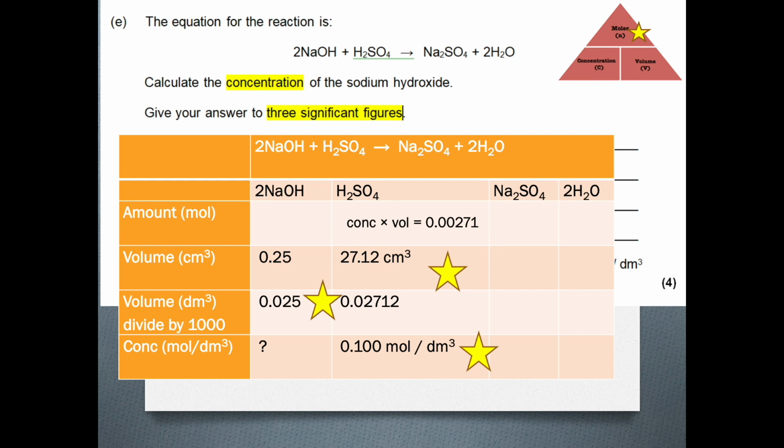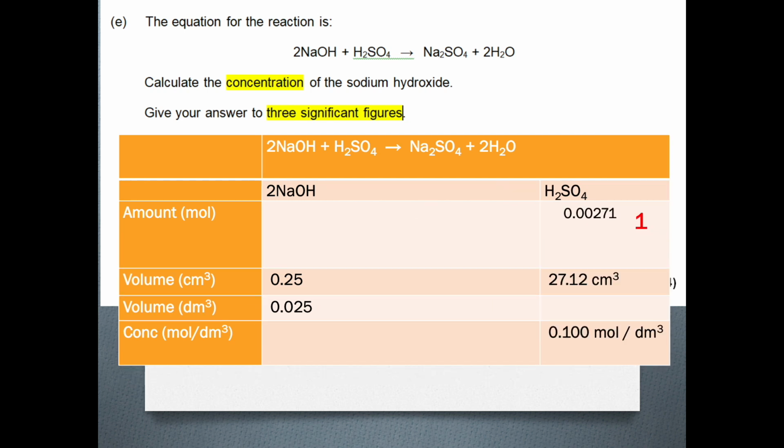I've got my moles, I've got my concentration and volume for H2SO4, which is fantastic, but I've still got gaps on this side for my alkali. So the next stage I need to do is move across and work out my moles. Now, when you work out the moles, you must go back to this original equation here, because this equation shows you the ratio, and you must factor in the ratio of your substances.